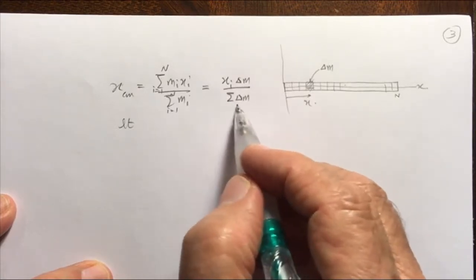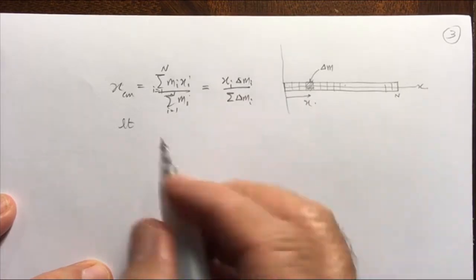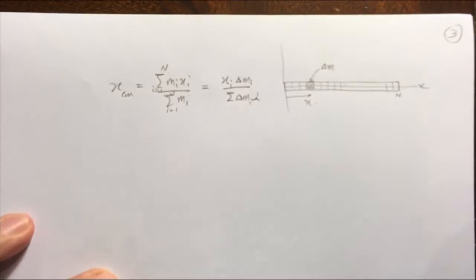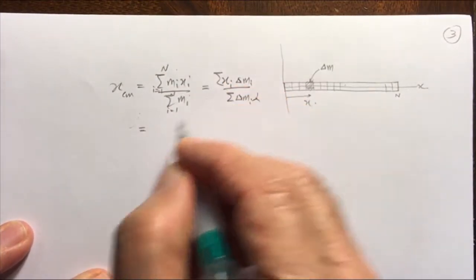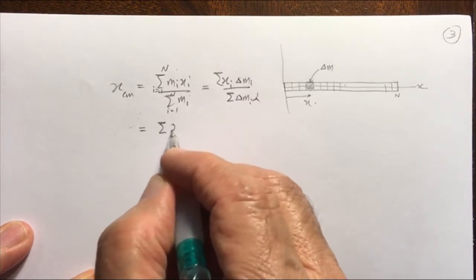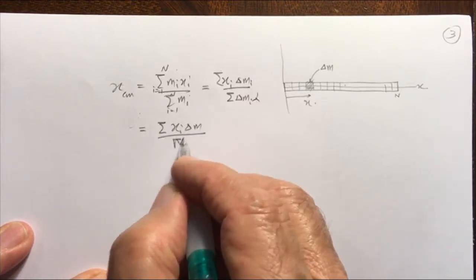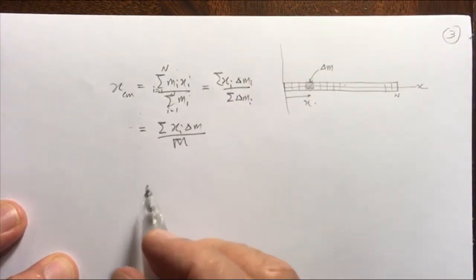Now, the sum of all the delta m's will become just the total m. This becomes the total mass.